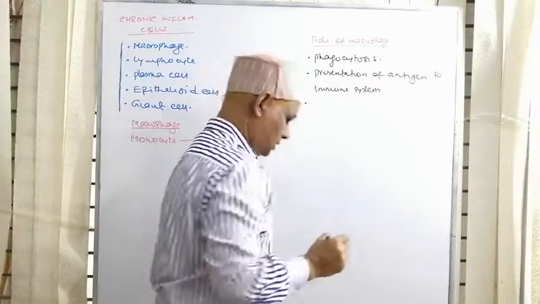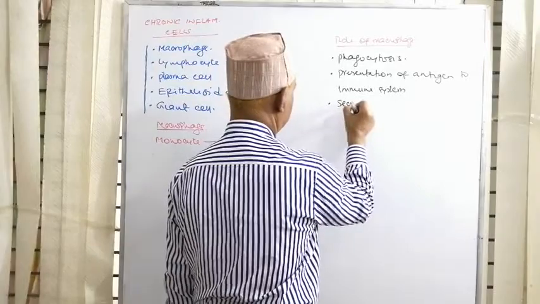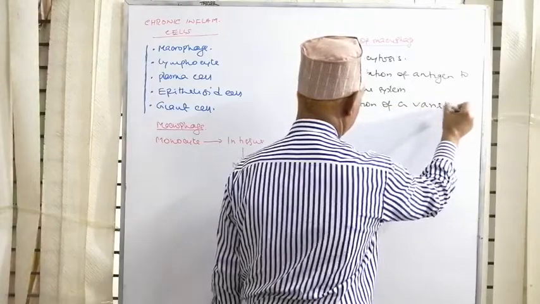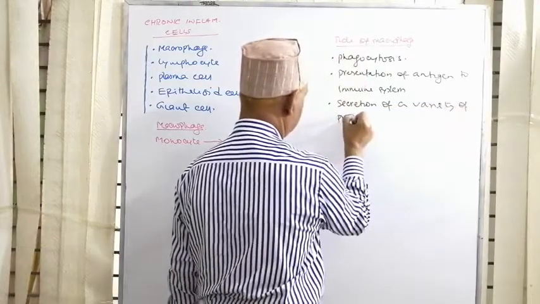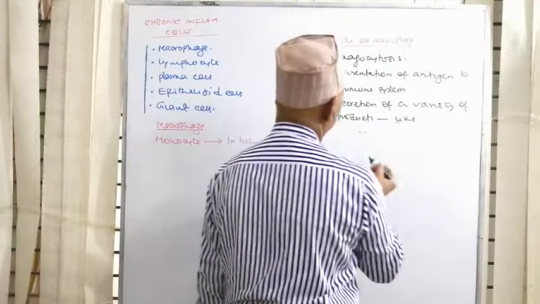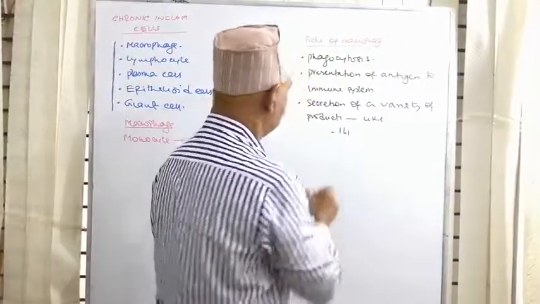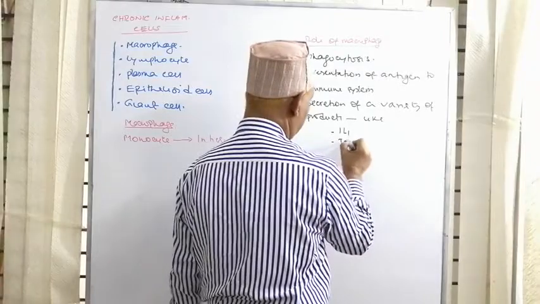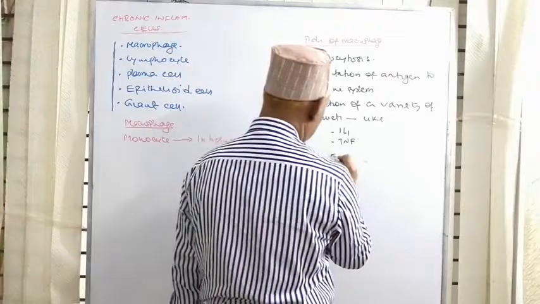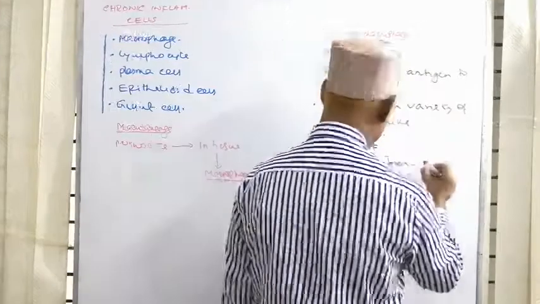Another role: secretion of a variety of products like interleukin 1, IL-1, like TNF, tumor necrosis factor, interferon, which is an antiviral agent.